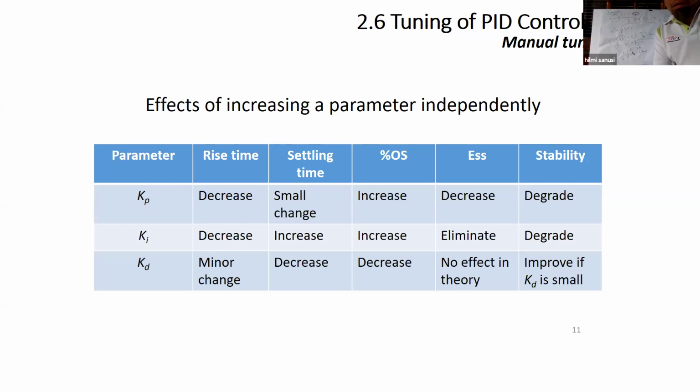Settling time decrease, and then percent of overshoot decreases. Steady state tak ada effect in theory. Stability improves if our KD is small. Kalau KD besar, dia tak stable juga. Okay.